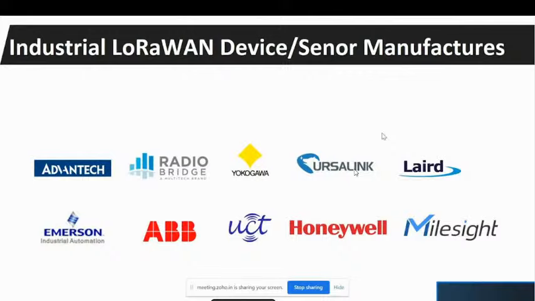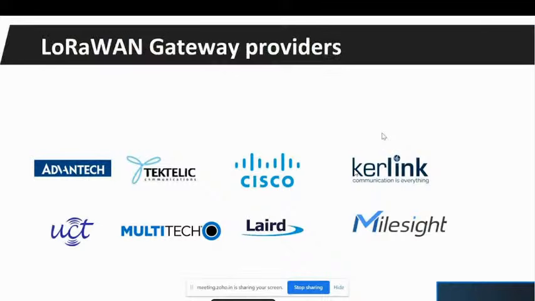There are many who provide commercial solutions also, but these are the players who mainly focus on industrial implementation of the site. Now we will need a gateway. For gateways, there are major companies like Advantech, Tektelic, Cisco, Kerlink, Multitech, and Milesight. They are the gateway providers.